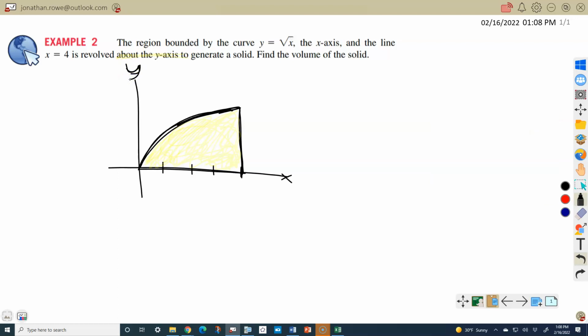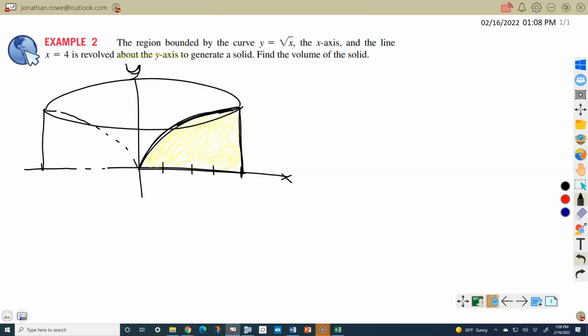So something like this. This is the region that we're making.